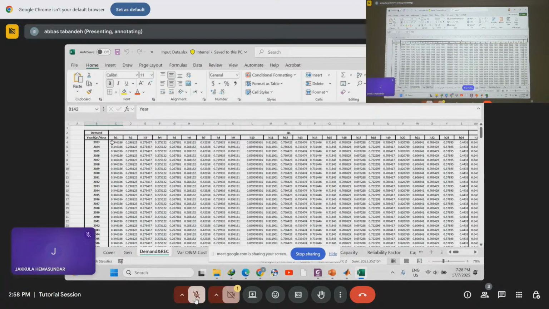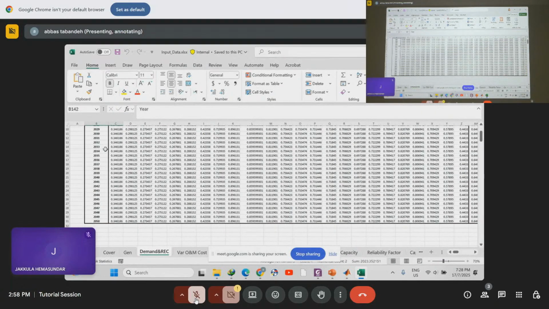Therefore, as you can see, the start of the planning project is 2022, and for the next 25 years, we have defined it until 2050.